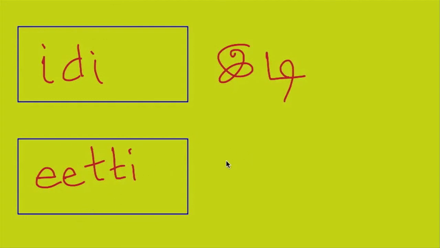So the E sound is at the beginning. Then this double t sound is tta, because it's t. Again, we have to add this symbol to the bottom of the letter.